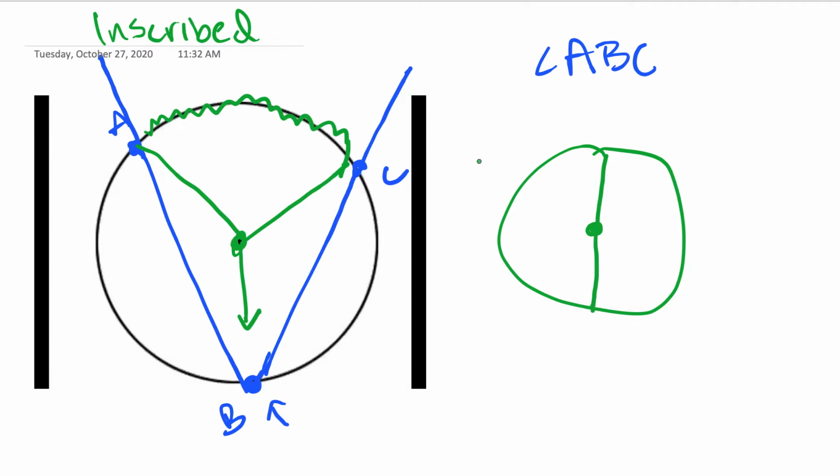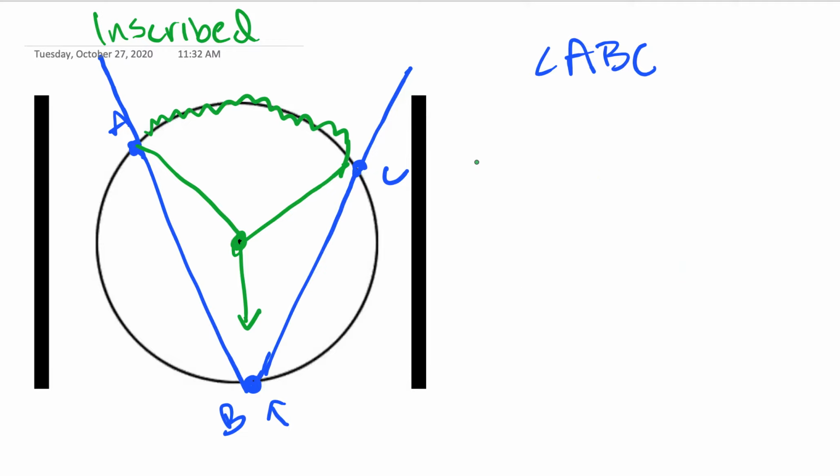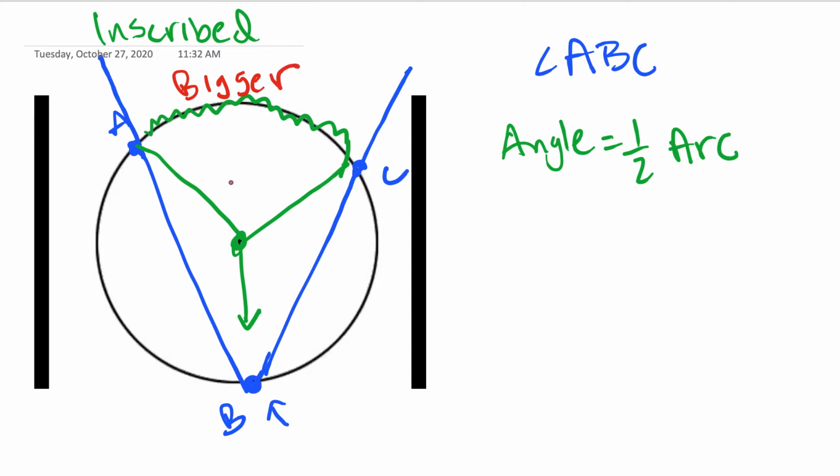So when we do that, the angle ends up being double the angle, or the angle will equal half the arc. So we always want to remember that the arc will be bigger than the angle. So if this is 80 degrees, the angle will be 40 degrees.